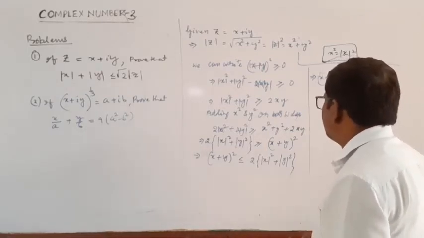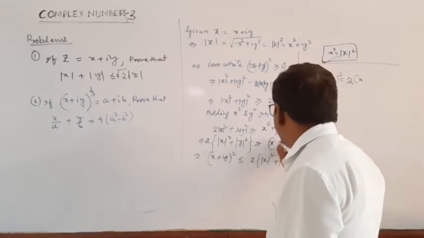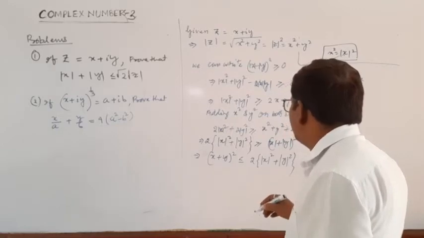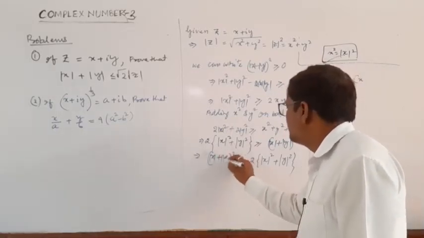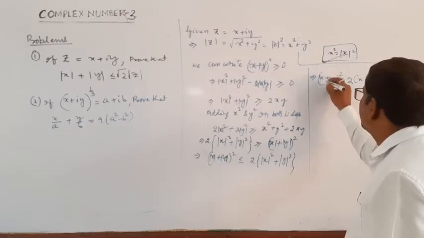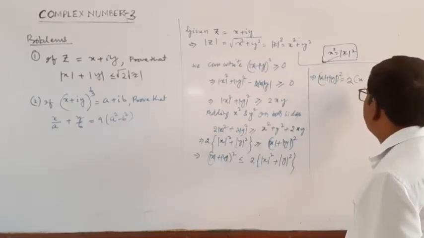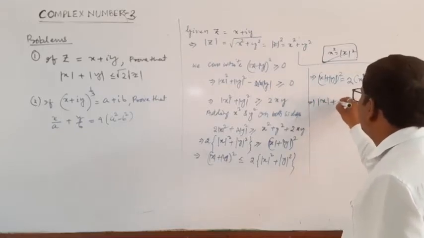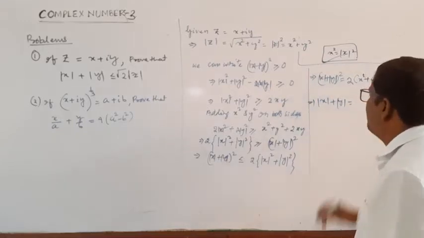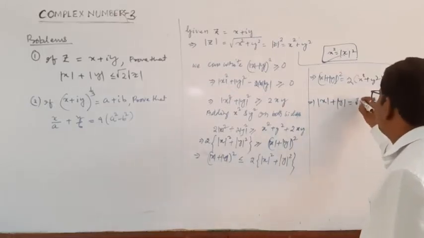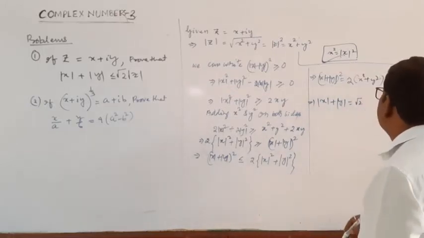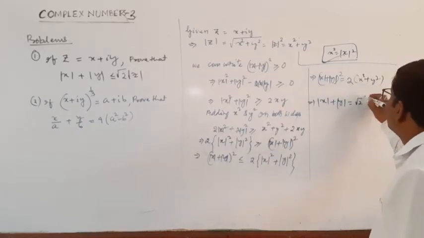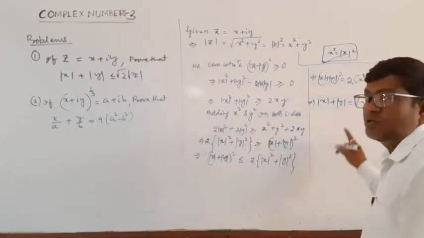So mod x plus mod y whole square is equal to x square plus y square. Now mod x plus mod y is always positive, so only take plus and root 2, and this is root 2 mod z, proved.